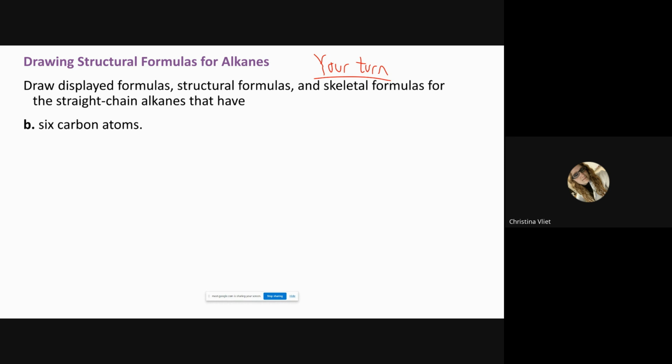Yes. Check again. No, you're good. Yes. Please. Go ahead. You ready? Erase one on your skeletal. And you shouldn't show any hydrogens on your actual skeletal form.